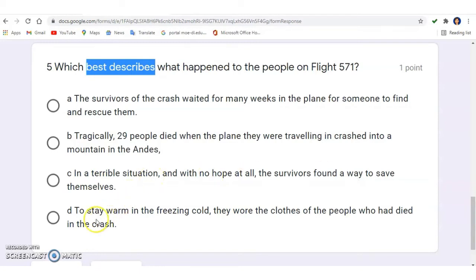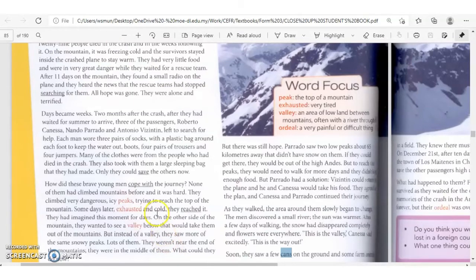D. To stay warm in the freezing cold, they wore the clothes of the people who had died in the crash. Is this correct? Yes, true. It is mentioned in the text also, in the third paragraph, right? Here, many of the clothes were from the people who had died in the crash. But it is only mentioned in this paragraph.